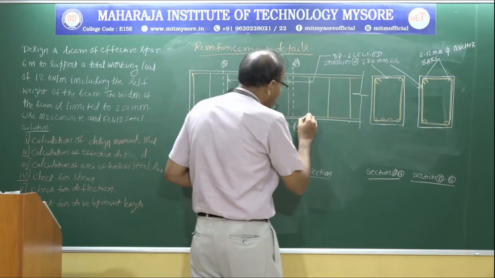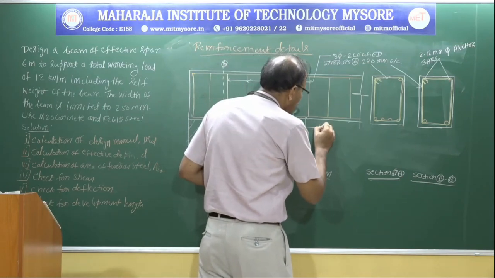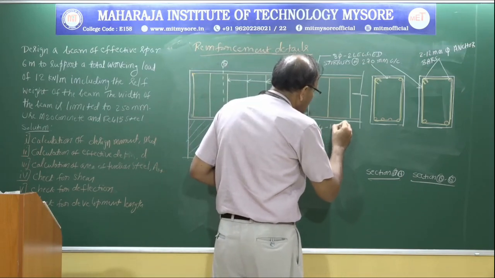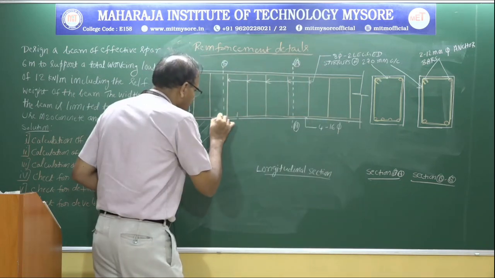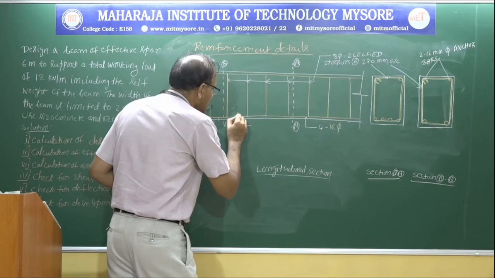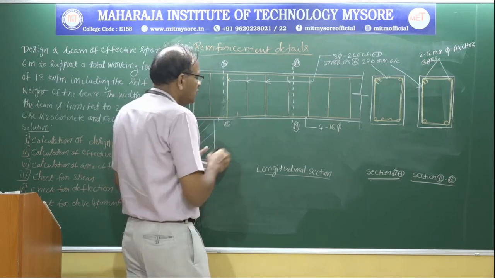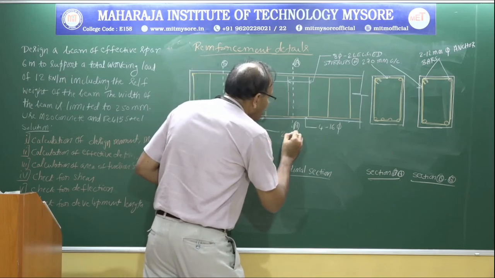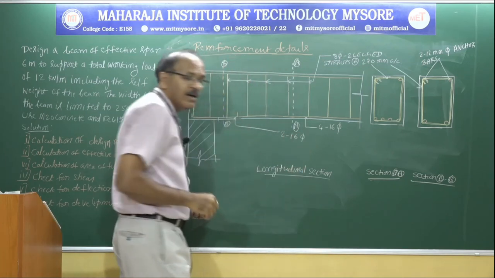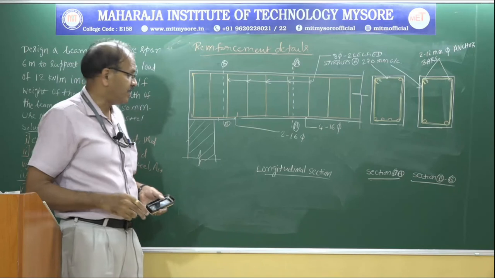So here we have 4 of 16 millimeter dia. So if we come here, it is 2 of 16 millimeter dia main steel.